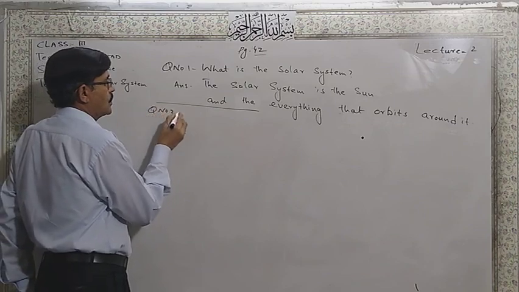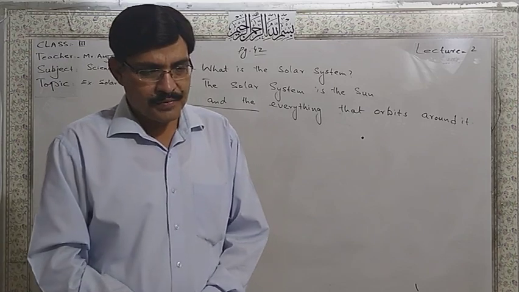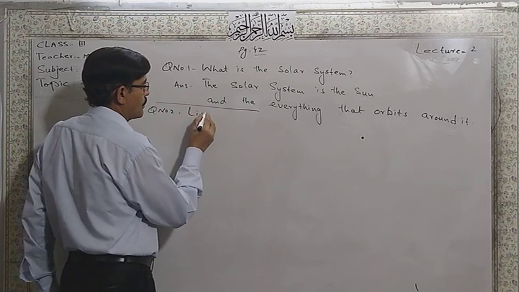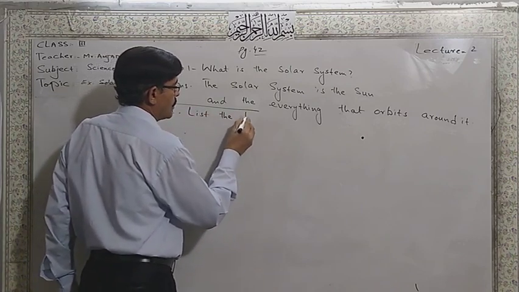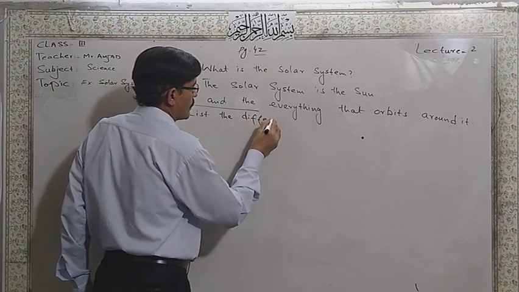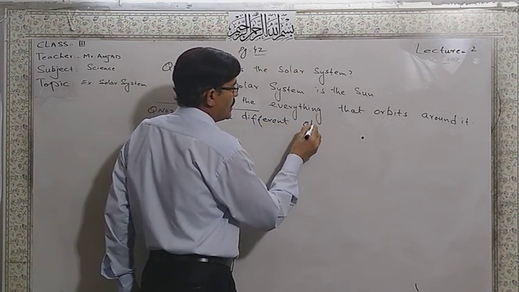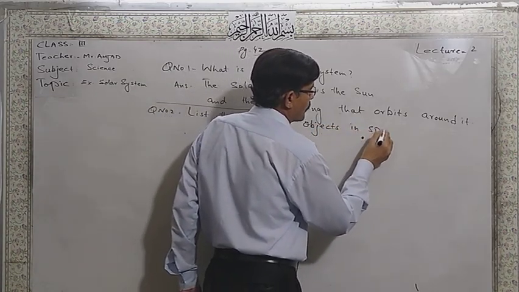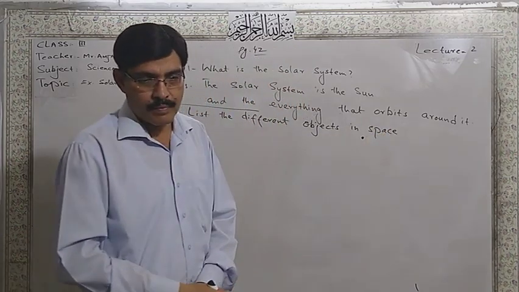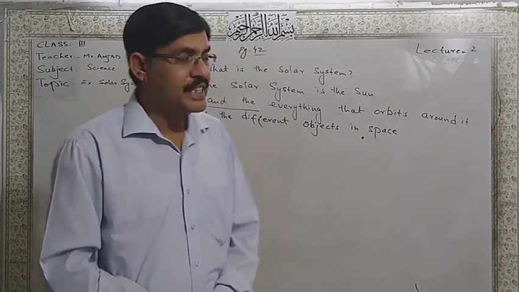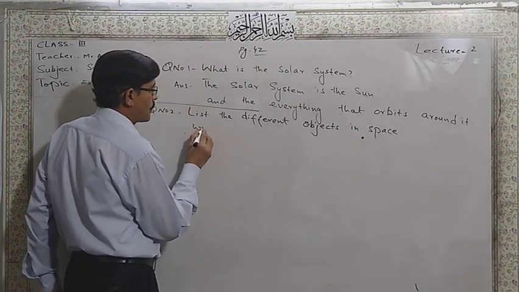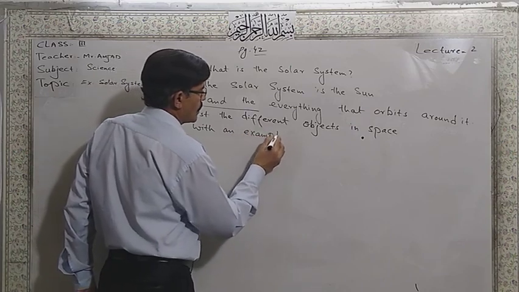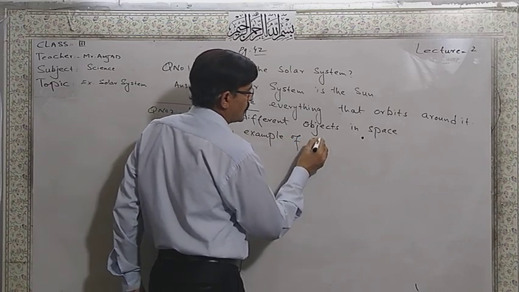Question number 2. List the different objects in space with an example of each one.